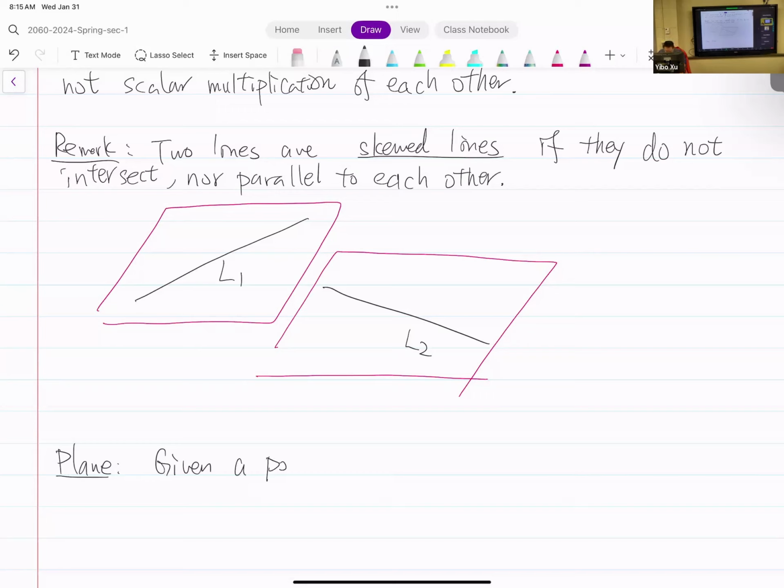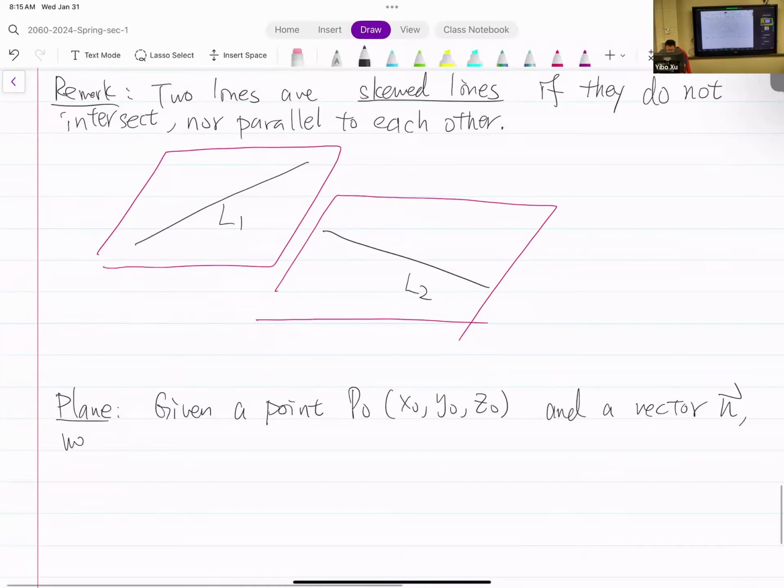Okay, so given a point P0, let's say the coordinate is x0, y0, z0, and a vector, let's call it little n, we may define a plane in 3D that is perpendicular to this vector n.